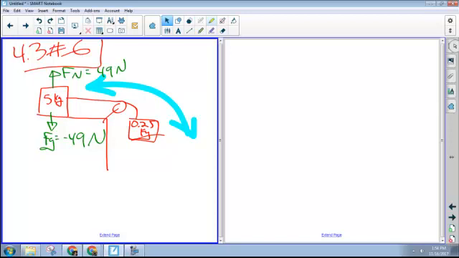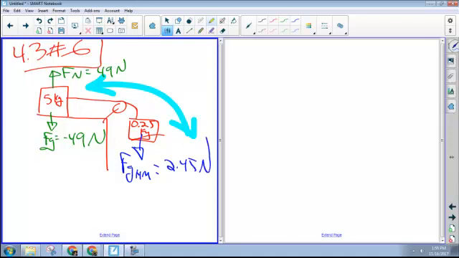So everybody good up to here? Does everybody understand why these cancel and why I'm not going to worry about them? All right, all I really care about is this force of gravity on my hanging mass. So 0.25 times 9.8 gives 2.45 newtons. Now we have to decide if we want to make it positive or negative.